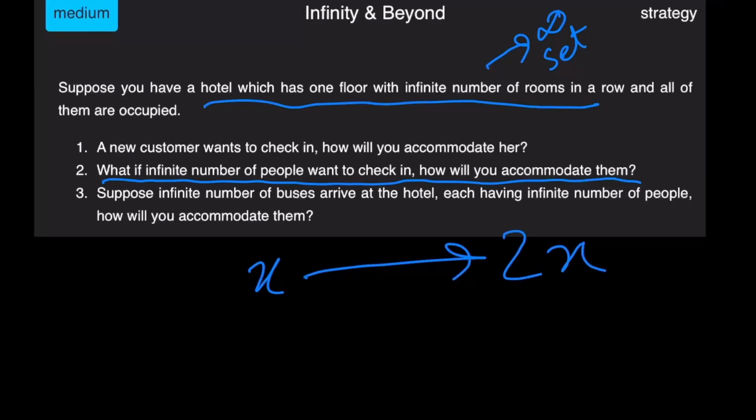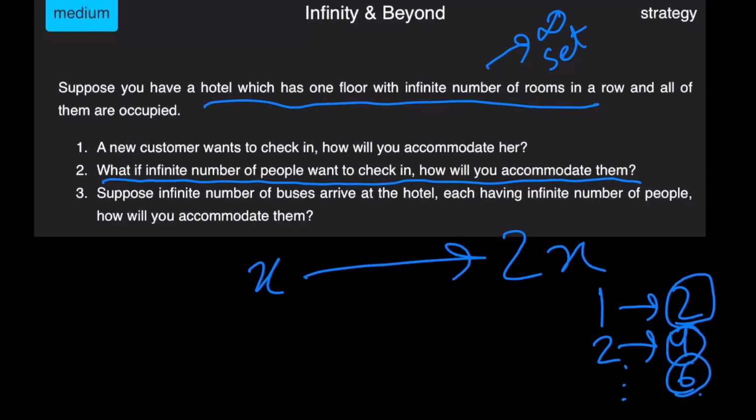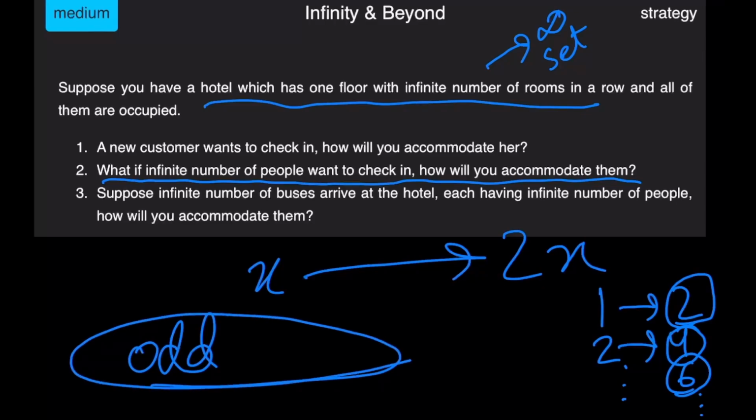Now what's gonna happen is, person number one is gonna go to room two. The person in room two is gonna go to room four, and this is gonna keep on going. Now what you're gonna notice is room two is occupied, room four is occupied, room six will be occupied, and so on. All of the even numbered rooms will be occupied, but all of the odd numbered hotel rooms will be vacant, and those odd numbered rooms will be an infinite set.